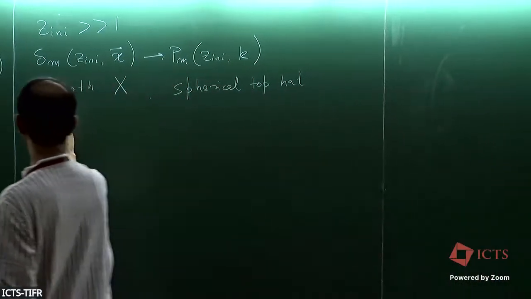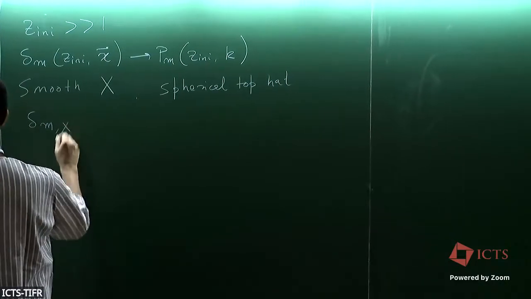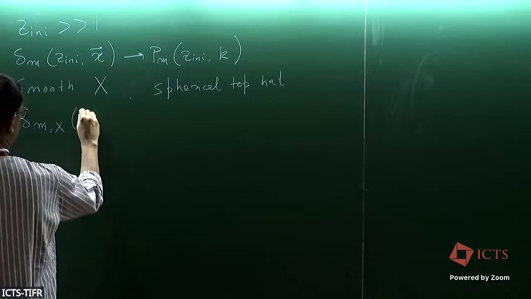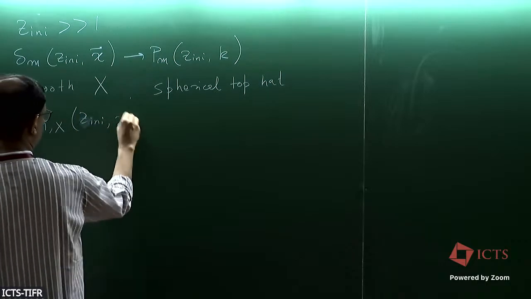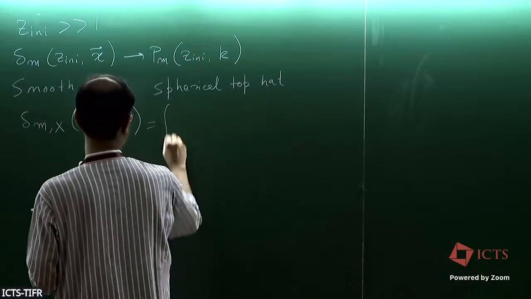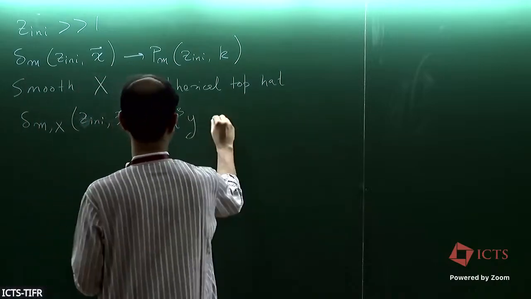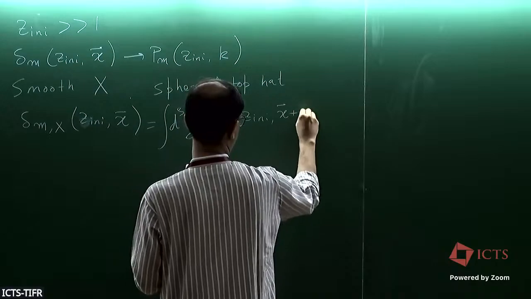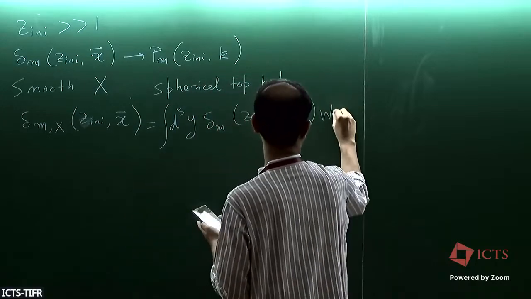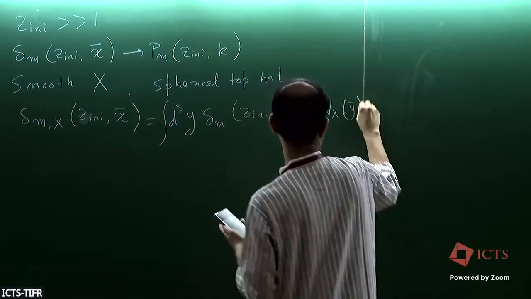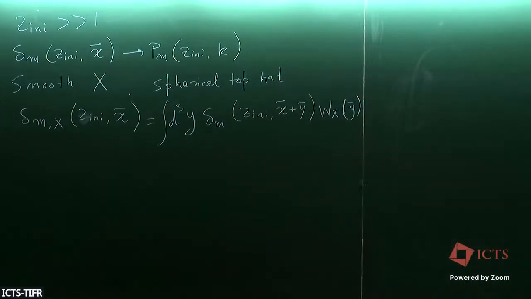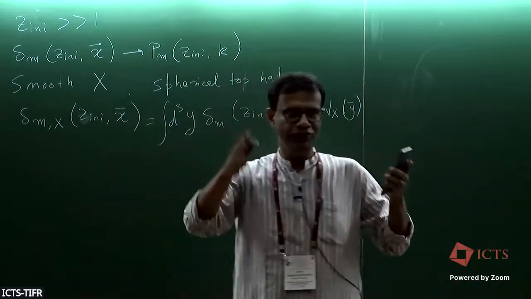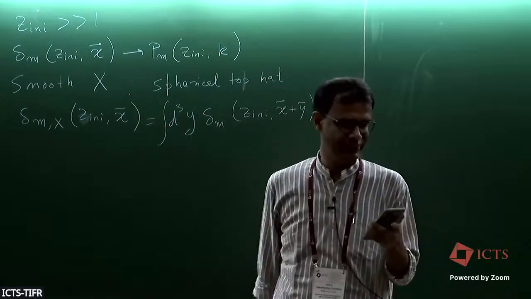So basically what I have is delta m smoothed over x, z initial, at this point x, which is nothing but, as we did earlier, the integral d cubed y of delta m z initial calculated at x plus y, times a window function of y. You will use the appropriate spherical top hat form. So this is my field, smoothed over some spherical region x.